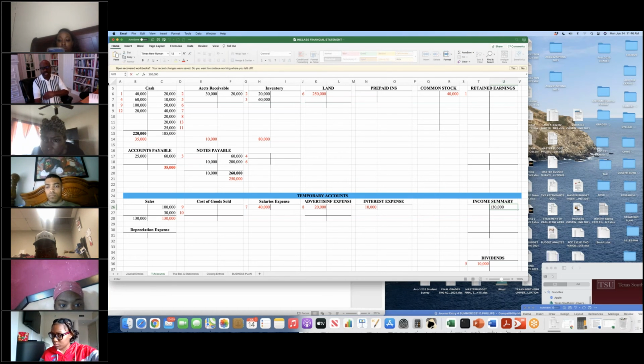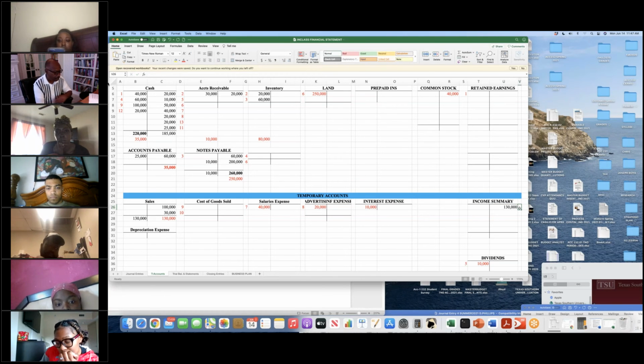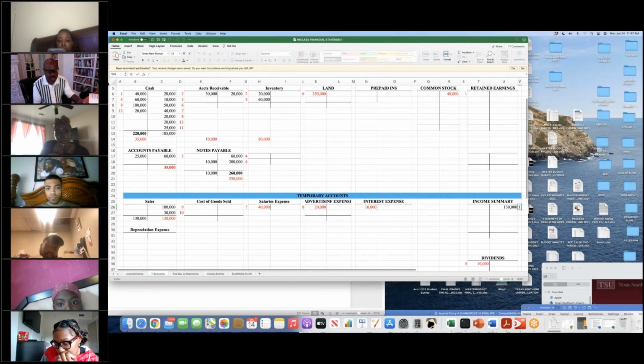So that's closing entry 1. Maybe I use Roman numerals for these to indicate that they're closing entries.